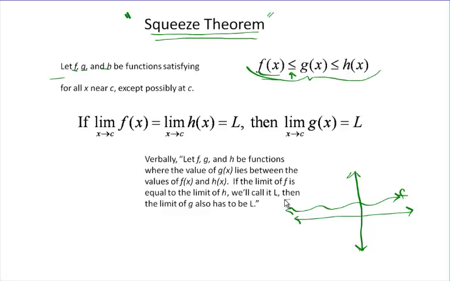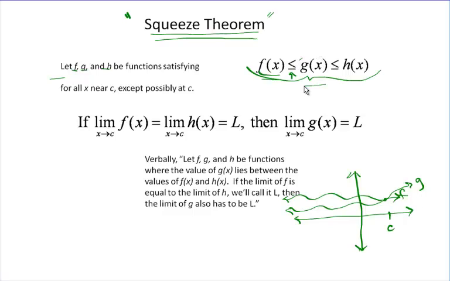So I'm going to say g is that function. There's g. Now f and g share that point, whatever that point is. Let's call that point C.